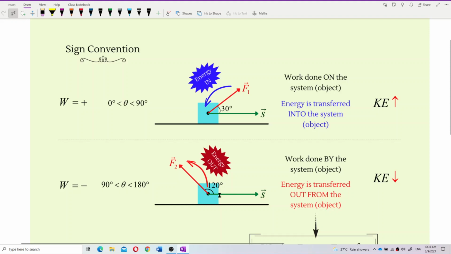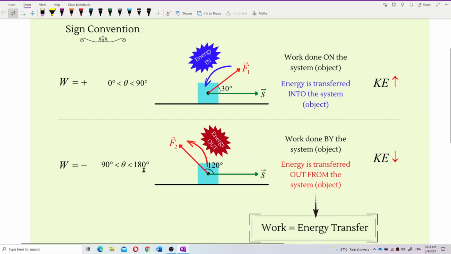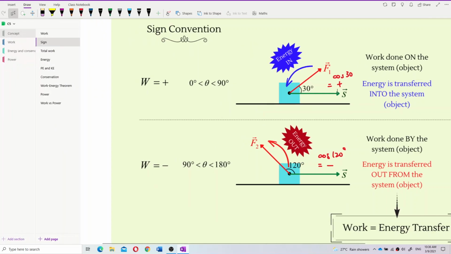But if the angle is like 120 degree, a big angle between 90 and 180, and we use cosine 120, we surely get a negative value. Don't believe it? Use a calculator. When the angle is very small, you get a positive value. But when the angle is more than 90 degree, like cosine 120, you surely get a negative value. That's why you get positive work done and negative work done. I will elaborate on this more in the next video.